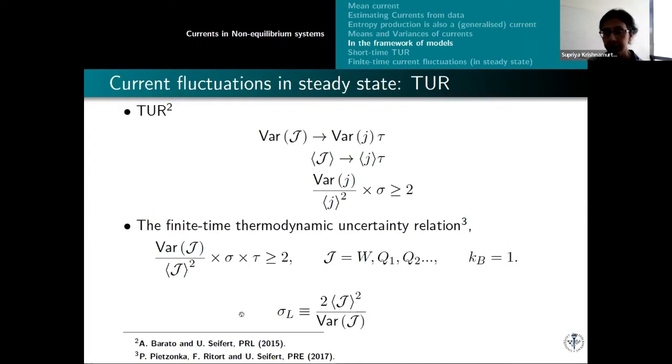Okay, so very soon after that, actually in 2017, a finite time version of this was also shown, first numerically, then theoretically. Remember, finite time is when you chop up your long trajectories into windows of tau. And there they show that it's not just this quantity greater than 2, but it's also this if you just consider the time extensive currents.